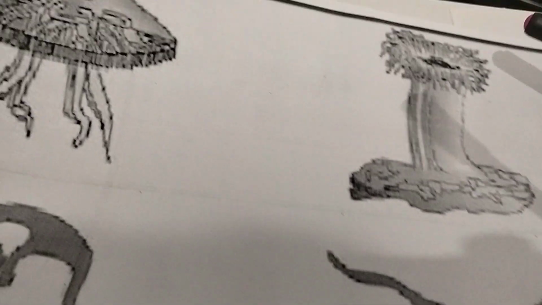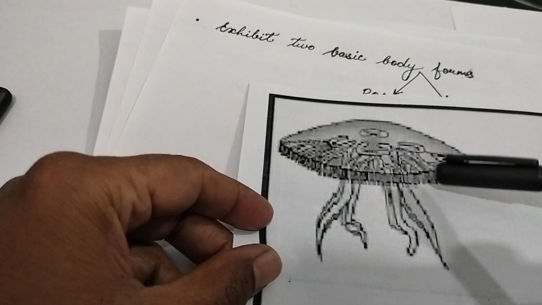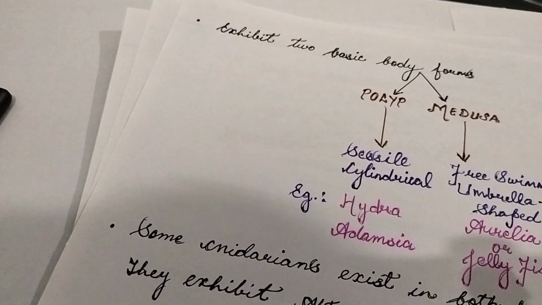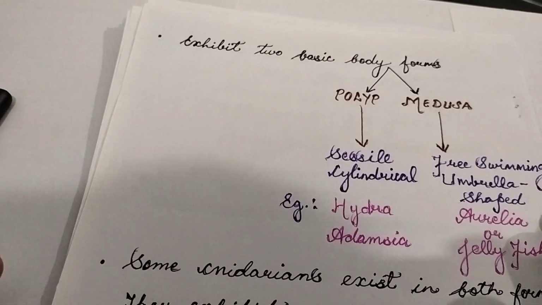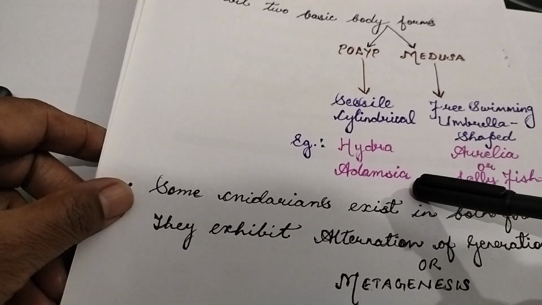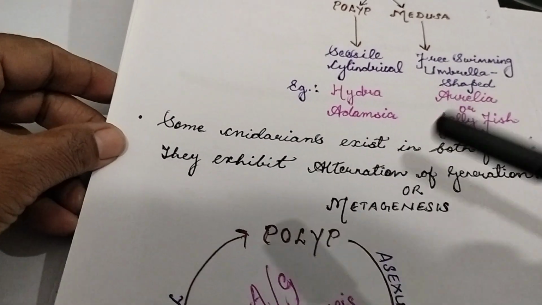See, this is Adamsia. Hydra's shape is also like this. It is in polyp form. And this is Aurelia. It is in the medusa form. So these two forms are there. Different shapes are there and different nature is there. Example, Hydra, Adamsia in polyp form and Aurelia or jellyfish in the medusa form.